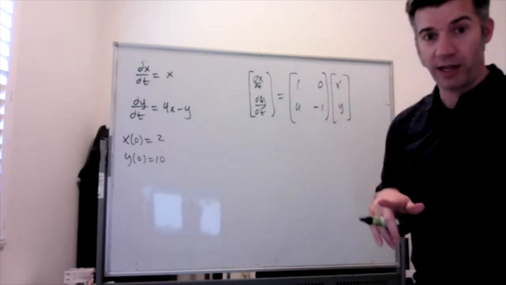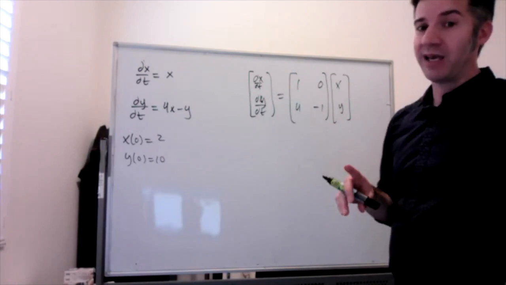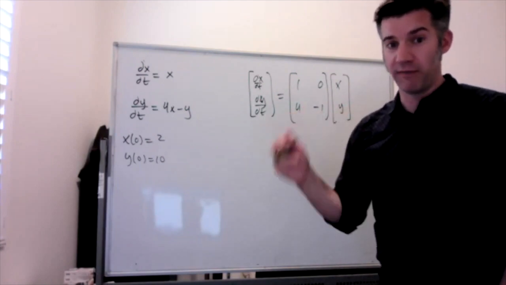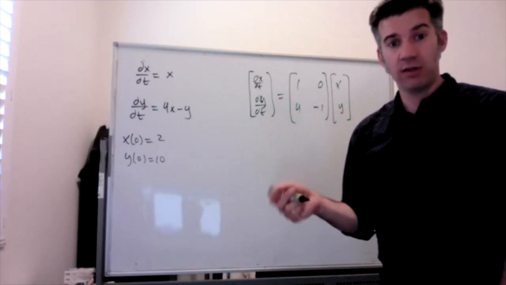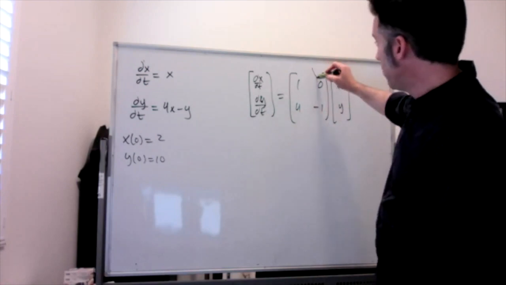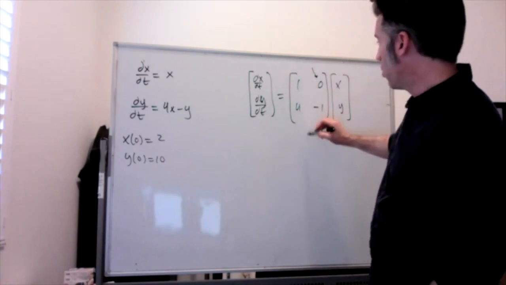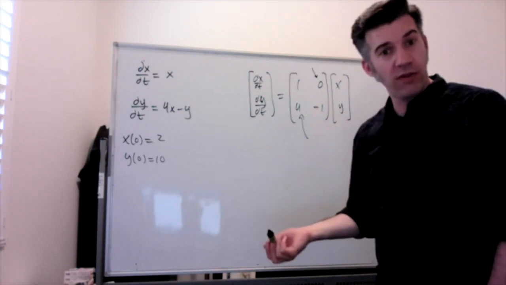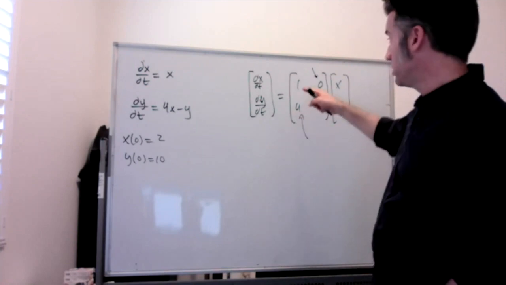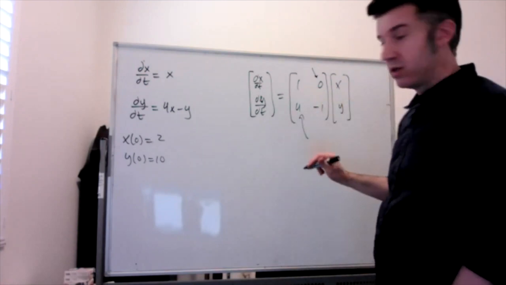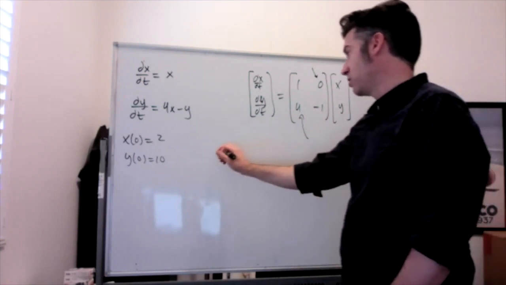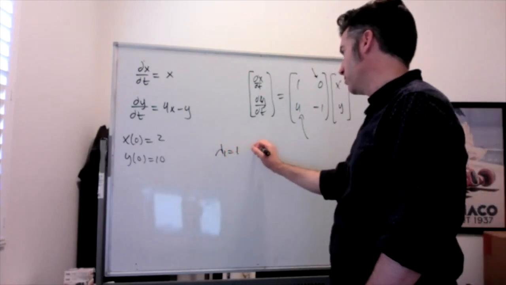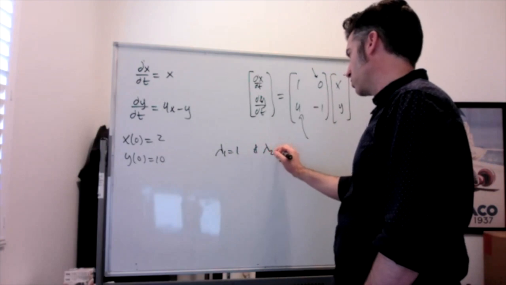Now, I want to point out, here the eigenvalues are extra super easy to find. Whenever you have a 2 by 2 matrix where this spot is 0, or this spot is 0, or both, the eigenvalues are just the elements on the diagonal. So our eigenvalues here are lambda 1 equals 1, and lambda 2 equals negative 1.